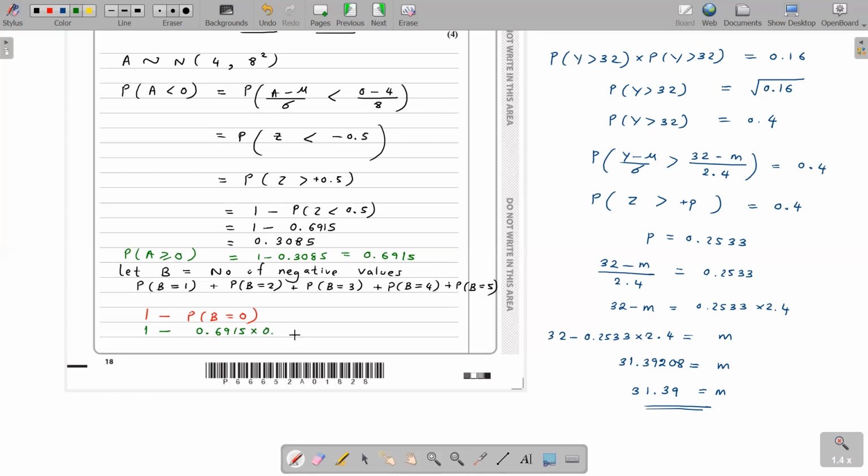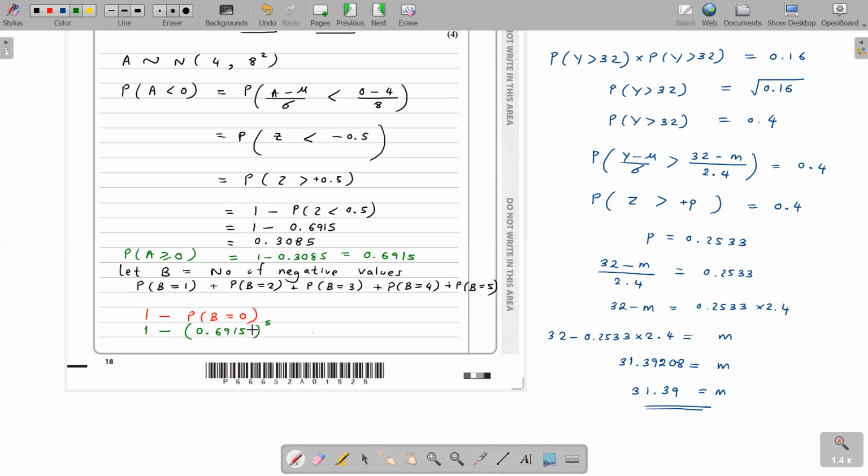Likewise, it keeps on multiplying. In other words, it's 0.6915 to the power 5, because I want all the 5 figures to be positive. The positive probability of a single digit is 0.6915.